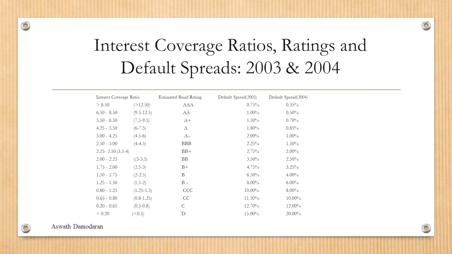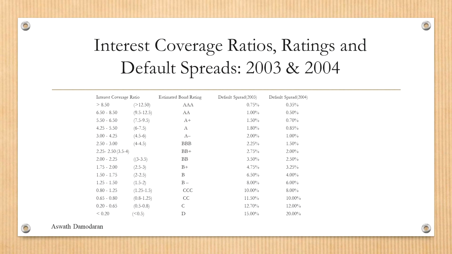That's how you calculate cost of debt based on default spread, which is reflected in its bond rating. And this default spread changes over time. As you see in year 2004, for the same A-rated bond, the default spread is 0.85%. So this default spread changes over time. So be careful.